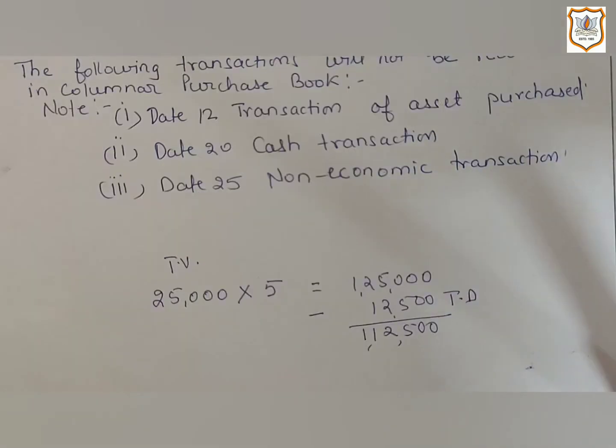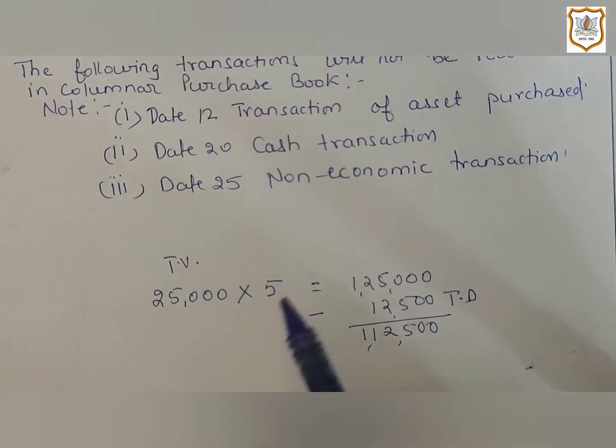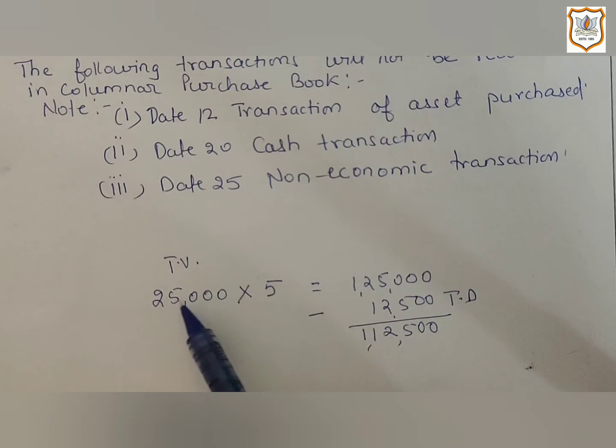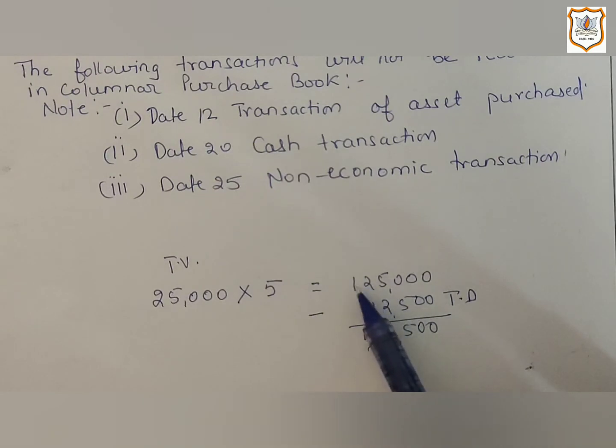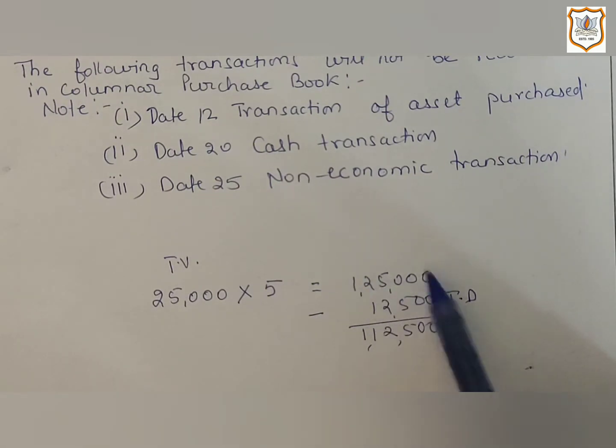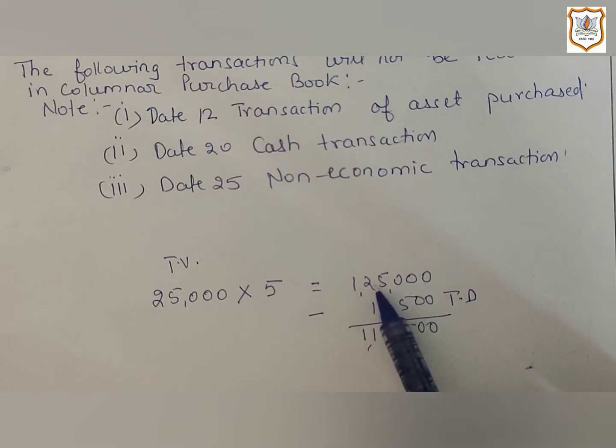See, here is the working note. We have purchased 5 TV sets and the price of one TV set is 25,000. After multiplying, we get 1,25,000 and out of this we have to deduct the trade discount, that is 10%. So 10% of 1,25,000 is 12,500.